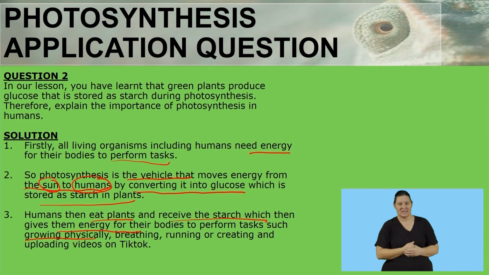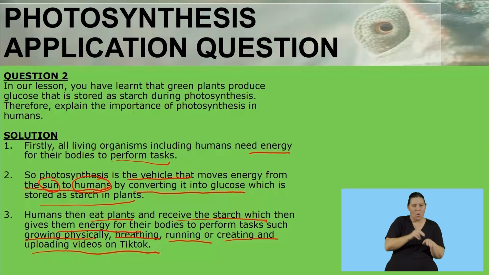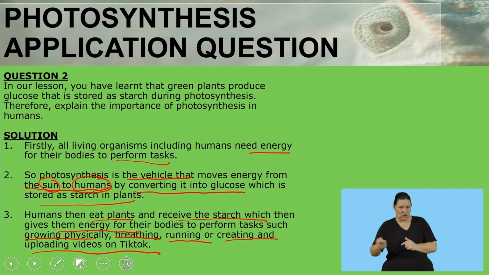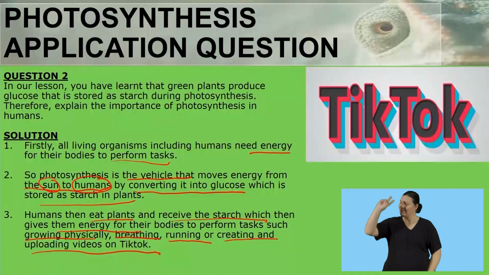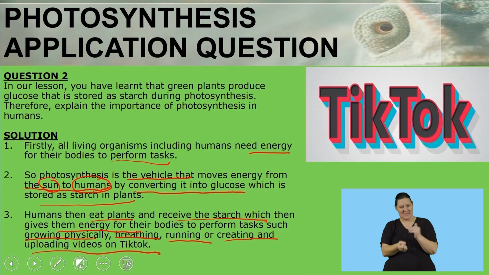Your body needs energy for growth. Breathing, you need energy to breathe. Running, you need energy to run. Creating and uploading videos on TikTok. If you remember the first time I saw you, I said you would not be able to go on TikTok if it wasn't for photosynthesis. So now here it comes.